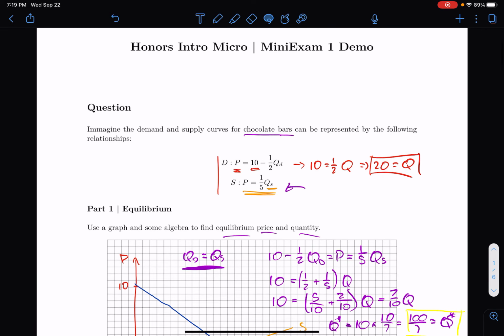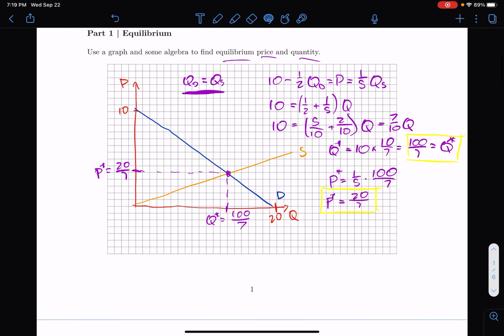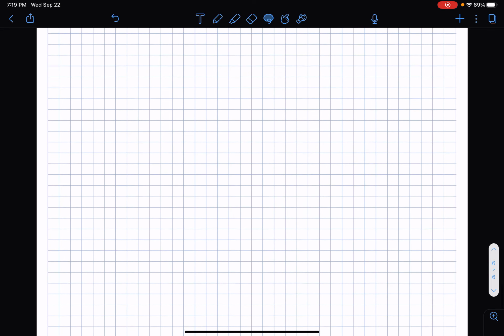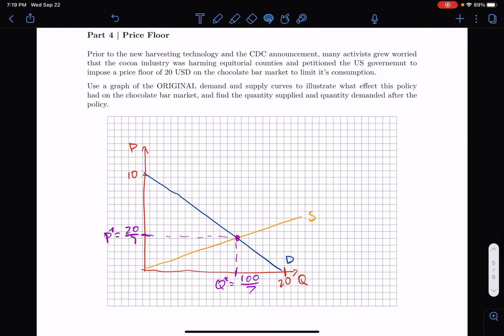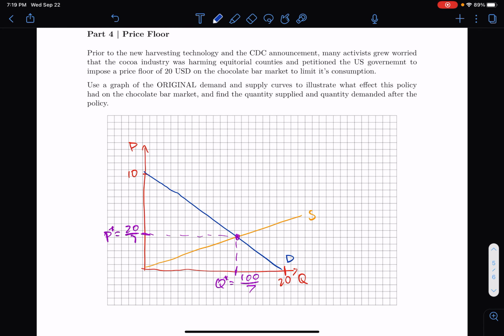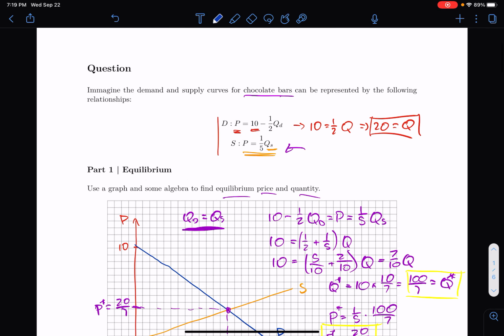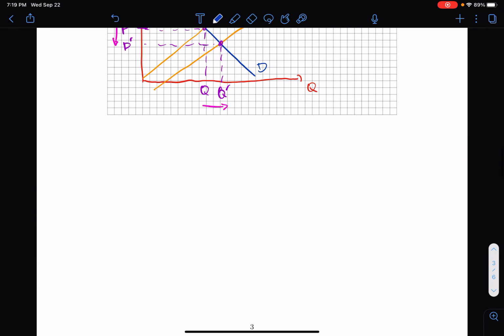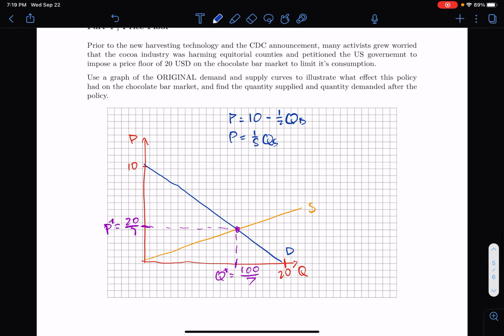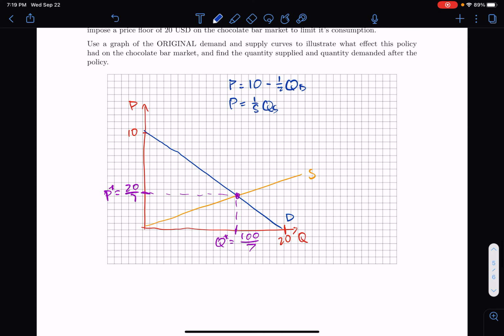So I wish we could copy this, but I don't think we can. Let's see if I can get this from memory. So we have price is equal to 10 minus 1/2 QD, and price is equal to 1/5 QS. Let's just double check that. Yes.